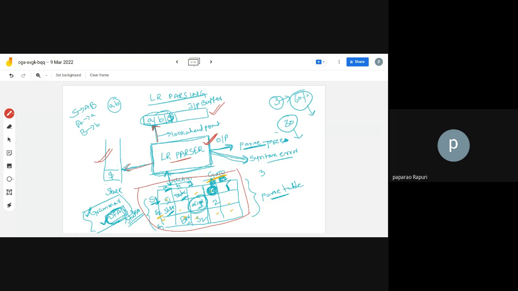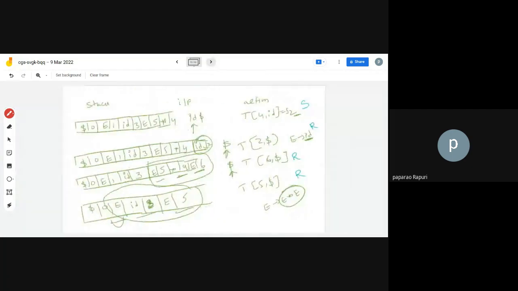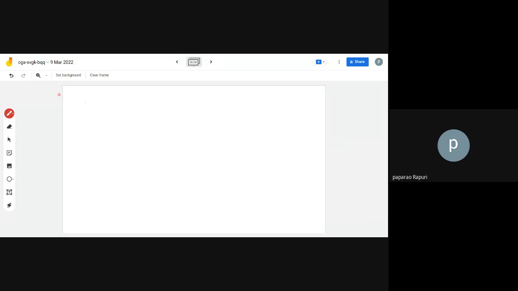To construct the parse table, or LR0 parse table, we need to do 3 steps. Here already I told you, in LR parsing we are having LR0, SLR1, LALR1 and CLR1.